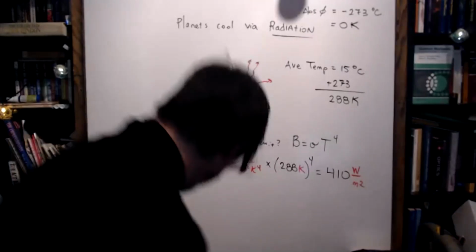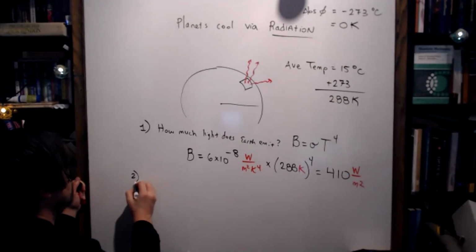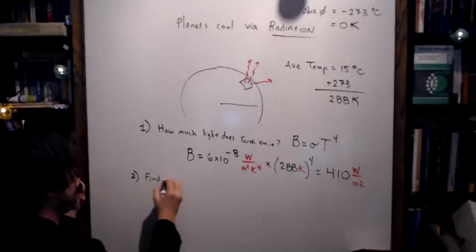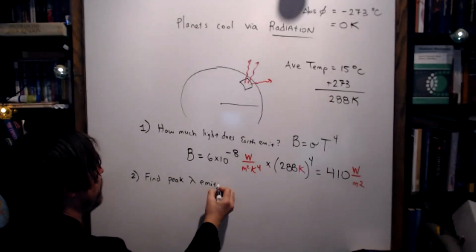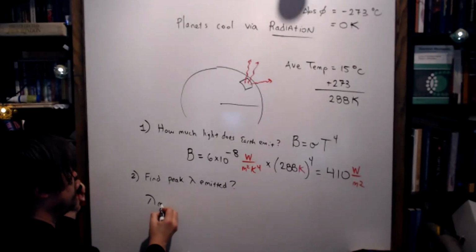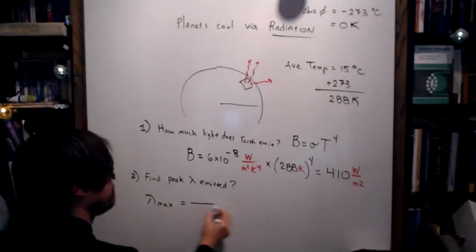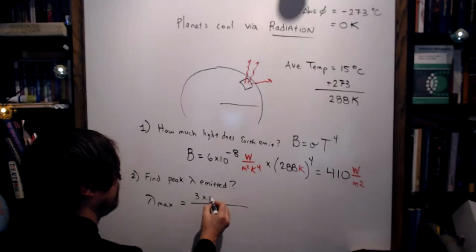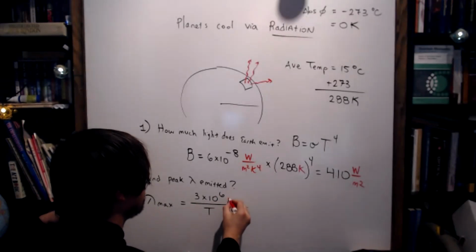But Earth does not glow at visible wavelengths. The next question is to find the peak wavelength emitted by Earth. We would have to use Wien's law, which tells us that the maximum wavelength of emission is given by 3 million nanometer kelvins divided by the temperature.